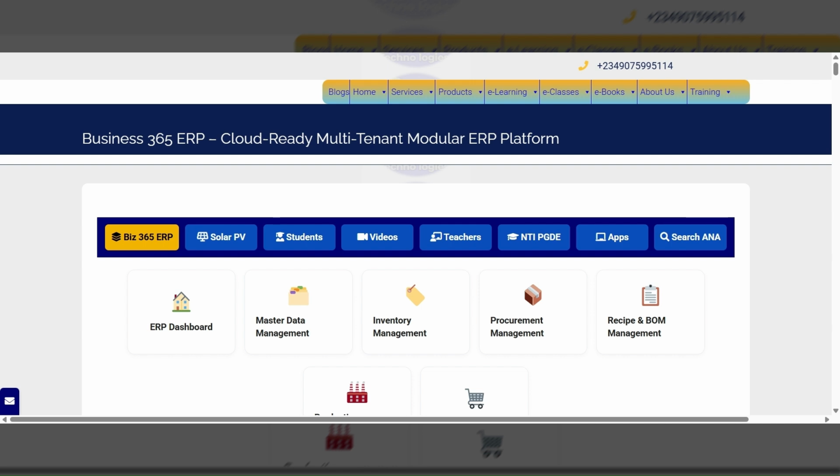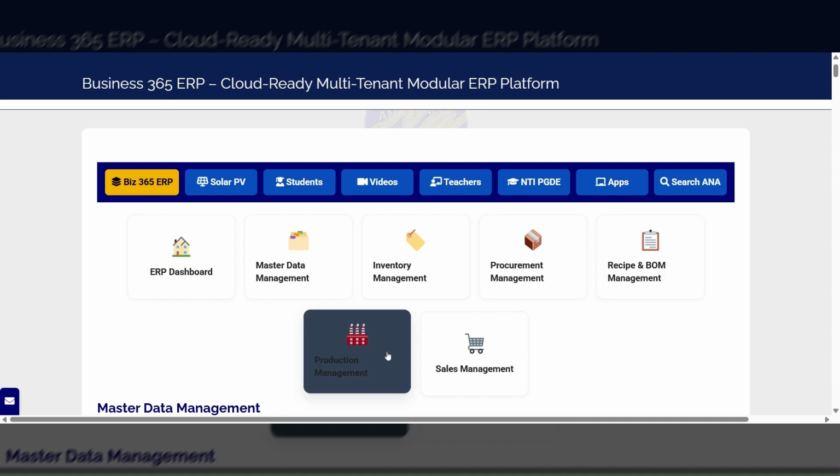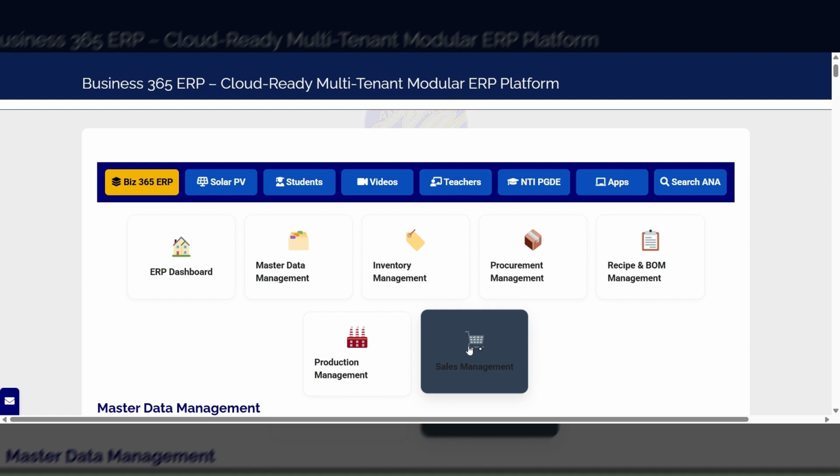The system consists of several integrated business modules such as master data management, inventory management, procurement management, recipe and bill of materials management, production management, and sales management that work together seamlessly to automate and synchronize your daily operations.